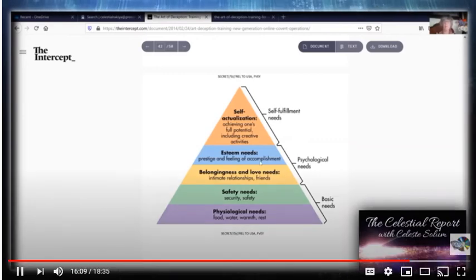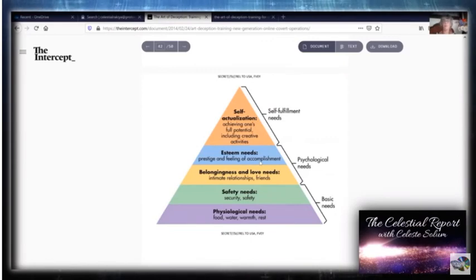They're kind of floundering. So this has been destroyed. And then self-actualization, achieving one's full potential and including creative activities. This has been destroyed because the rest of the foundation has been destroyed.